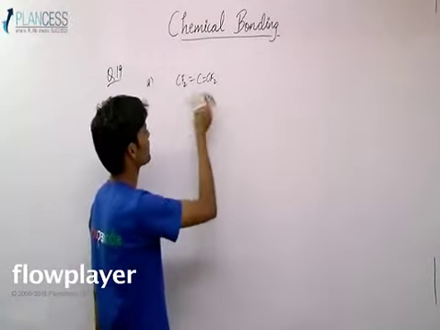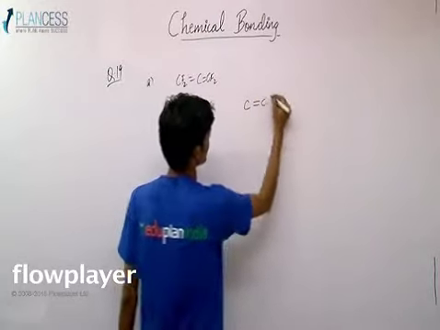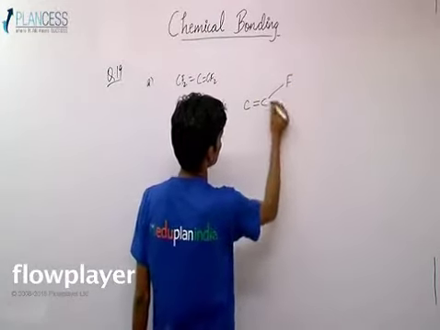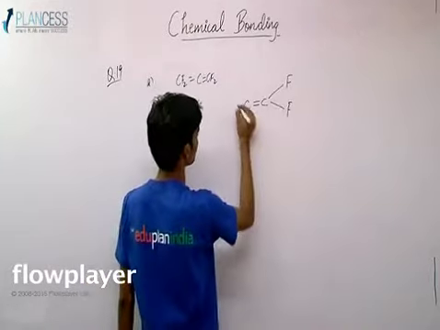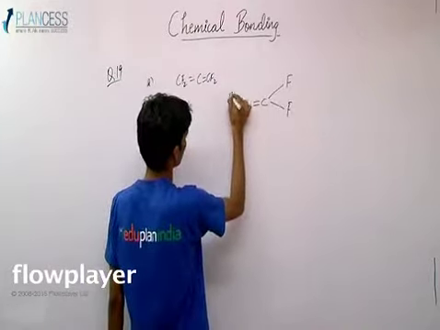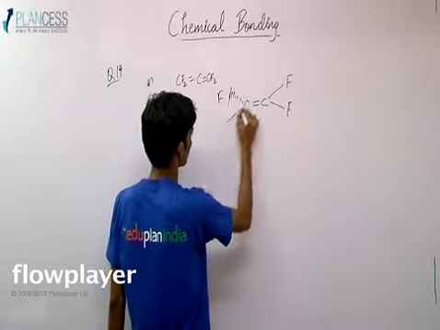So just look at the hybridization. This would be C double bond C, with one fluorine atom here and one fluorine atom here. Now let's say it has inverted, so draw something like this, fluorine here and fluorine here.